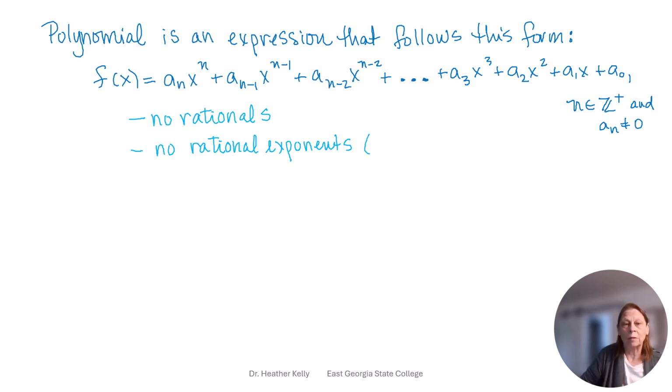Rational exponents end with roots, you know, square roots, cube roots, fifth roots, stuff like that.